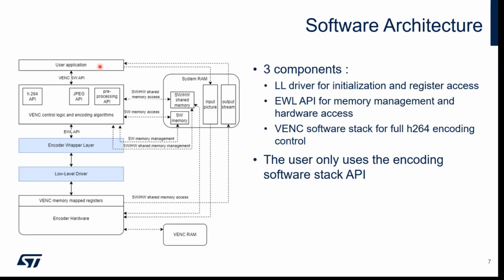With the encoder, we support not only H.264, but we can do JPEG encoding as well. And of course, we then need to have some data in the RAM of the microcontroller: the image data, input picture, output picture, and some additional data.